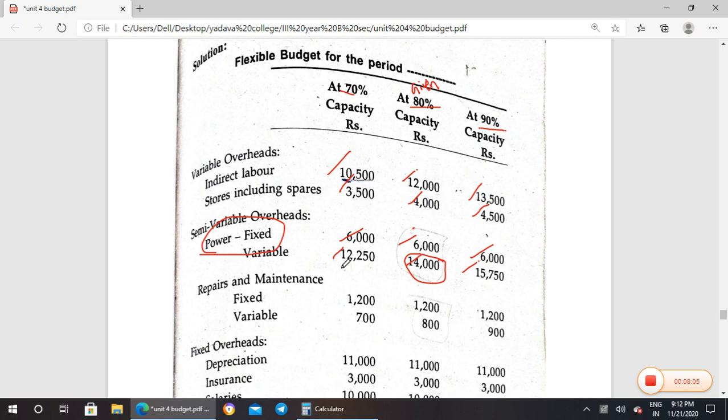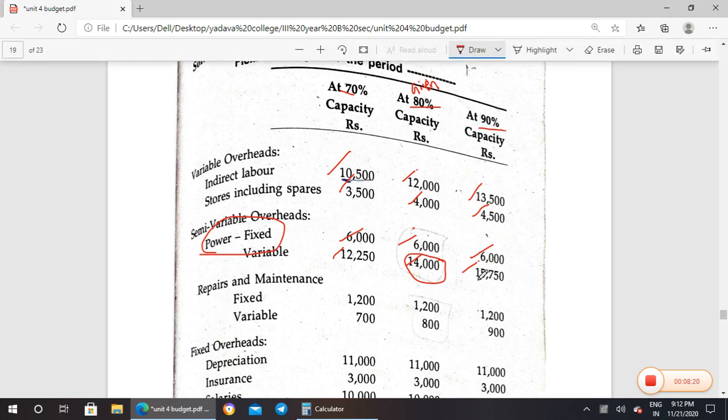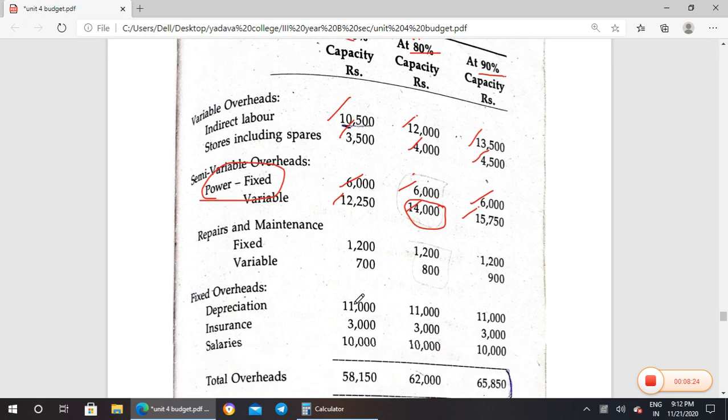That is for 70%, what is the procedure we have followed? We have to follow it. So 14,000 into 70 divided by 80 will be getting 12,250. For the same thing, 14,000 into 90 divided by 80 will be getting 15,750.